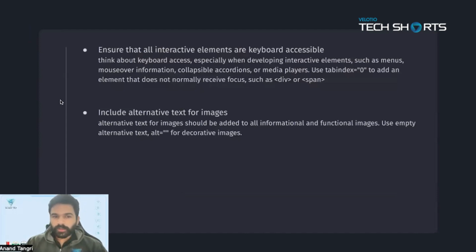Also include alternative text for images. There can be a case where the person is using a screen reader, for instance. So we should define an alternative text for images so that it can be read by the screen reader.